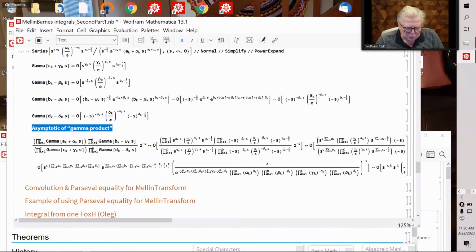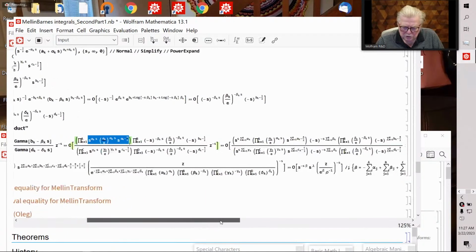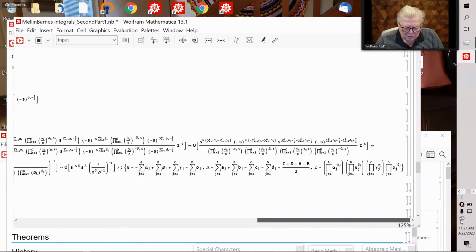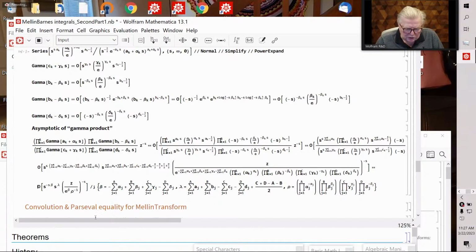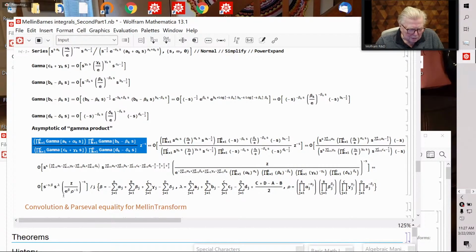We substitute for each gamma the main terms here, make such operations, and as a result, we come to a very nice looking main term of this big product.